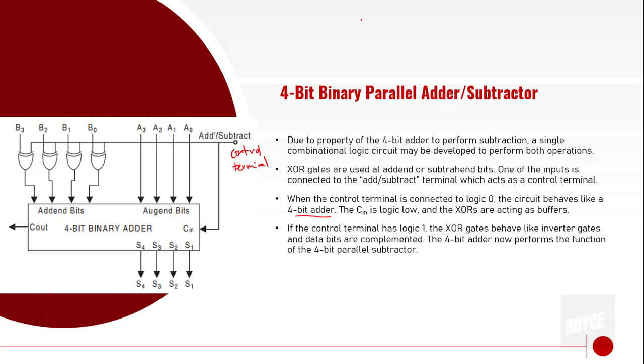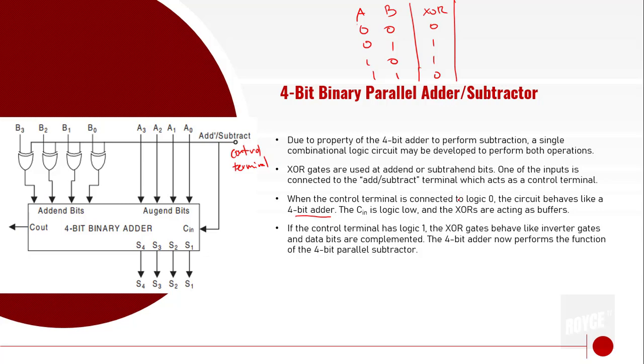Okay? So, naalala nyo pa yung truth table ng ating XOR gate. So, it is 0, 0, 0, 1, 1, 0, 1, 1. So, sa XOR, 0, 1, 1, 0. Tama?